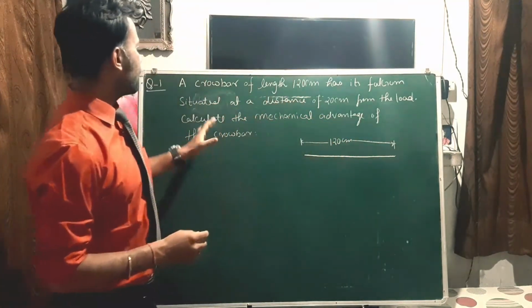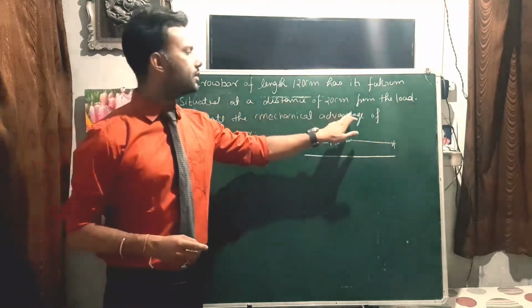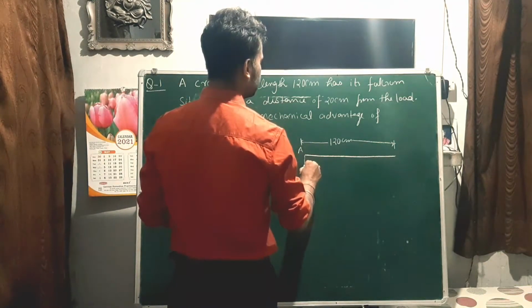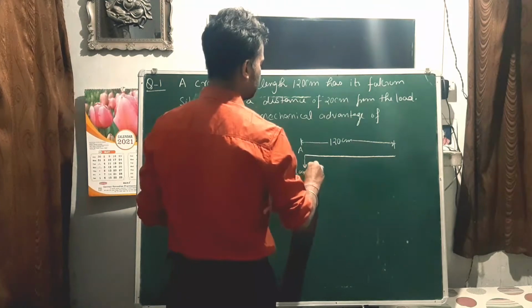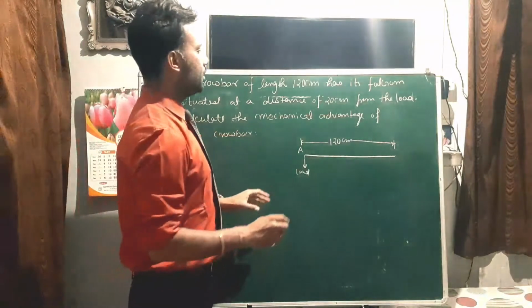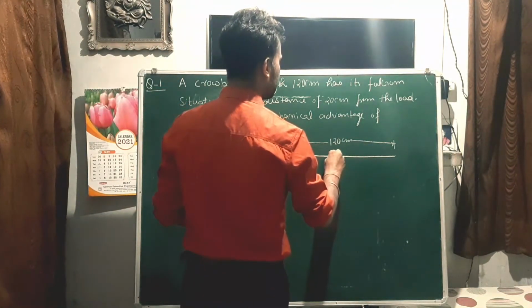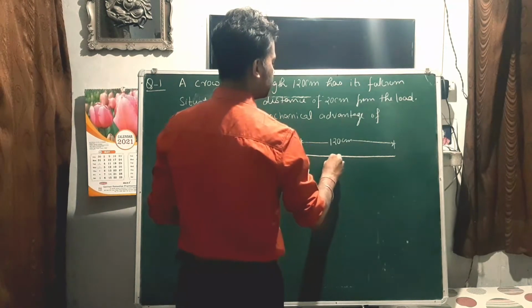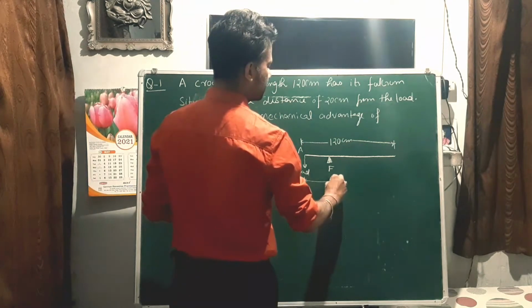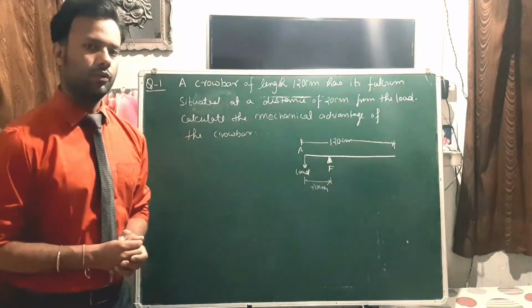It says that the fulcrum is situated at a distance of 20 centimeter from the load. Let's say the load is working here at point A. This is the load, right? And from the load at 20 centimeter, the fulcrum is situated. So let's say this is the point where the fulcrum is situated, and it is at 20 centimeter from the load.